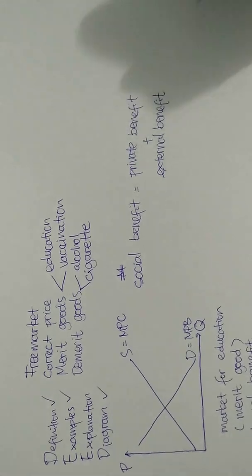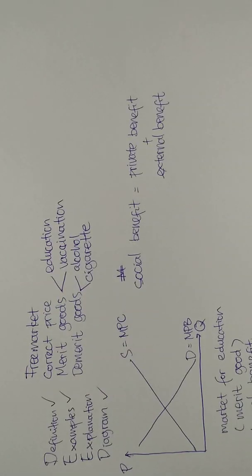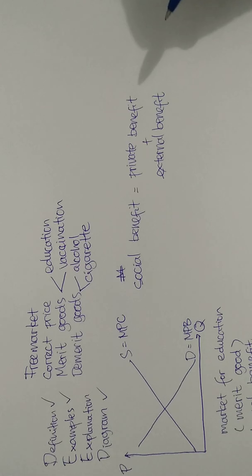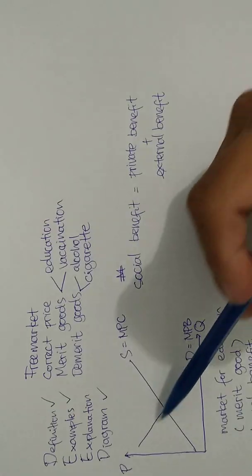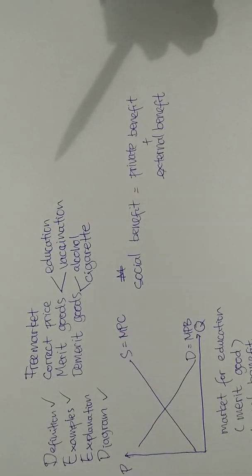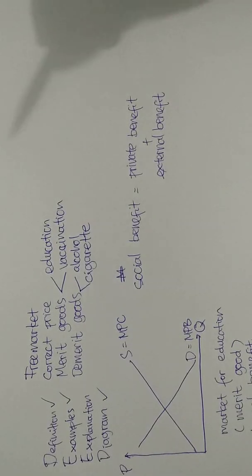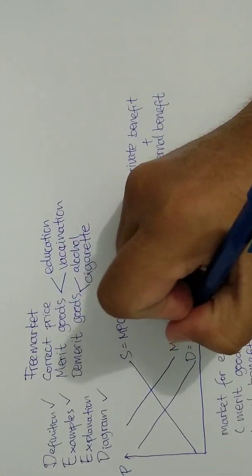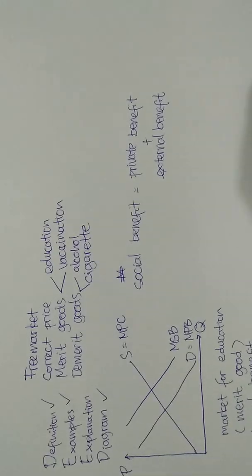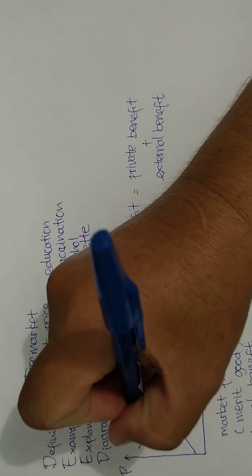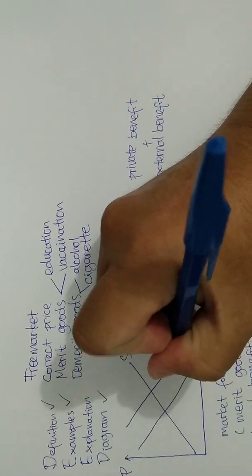Okay? We know this is the basic thinking on calculating the social benefit. Since this is the marginal private benefit, where should we write the social benefit? Correct. So the marginal social benefit curve will be higher than the marginal private benefit curve because there is an external benefit here.